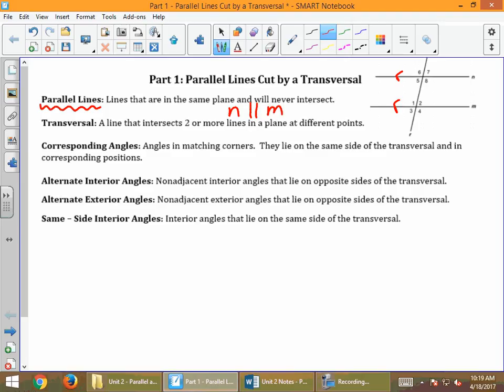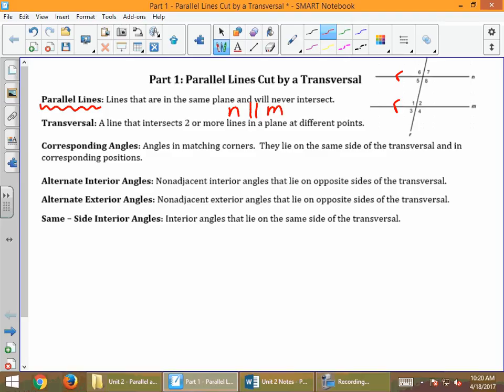N is parallel, they look like two parallel lines, kind of like an 11, to M. So you might see it written like that as well. So in diagrams, they have arrows on them, and then in a sentence or a question, it might be written with two parallel lines. It kind of looks like an 11.